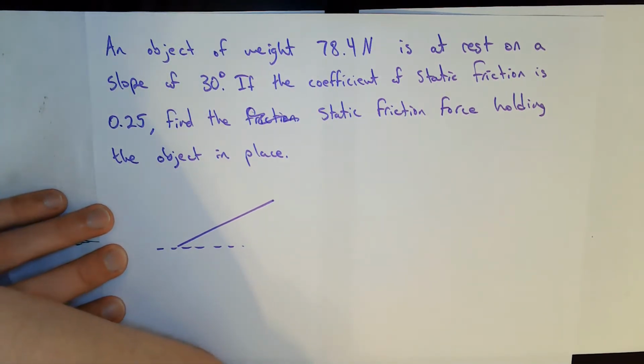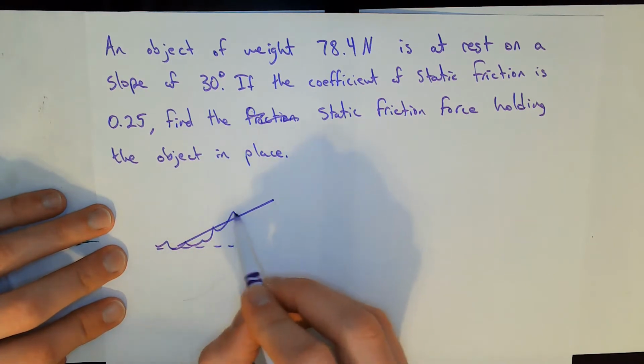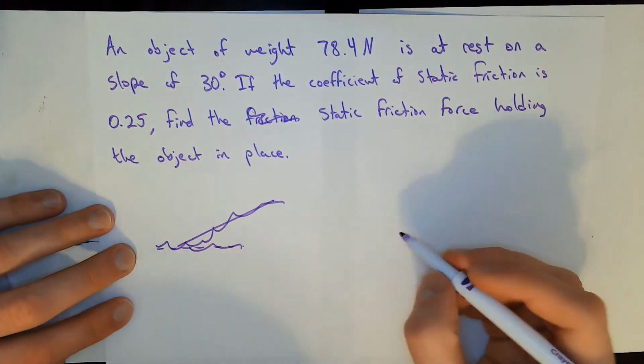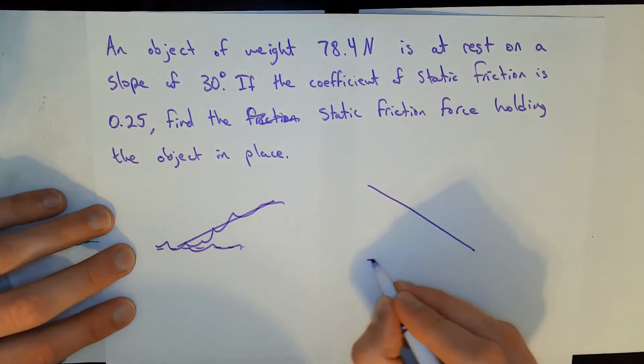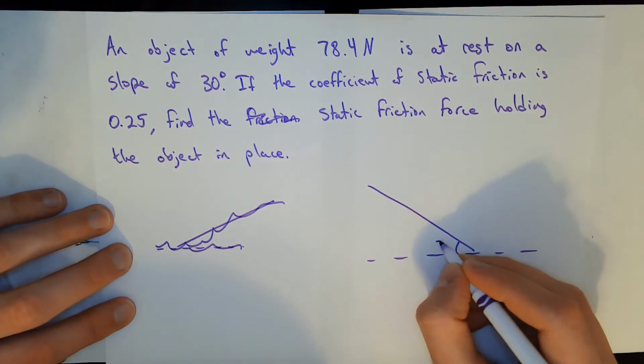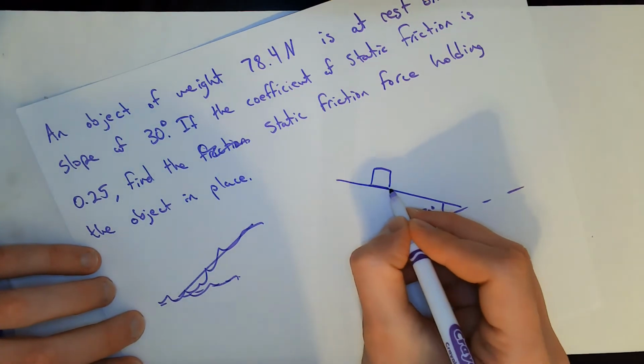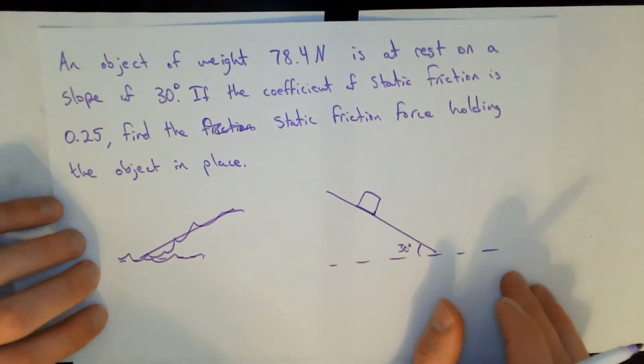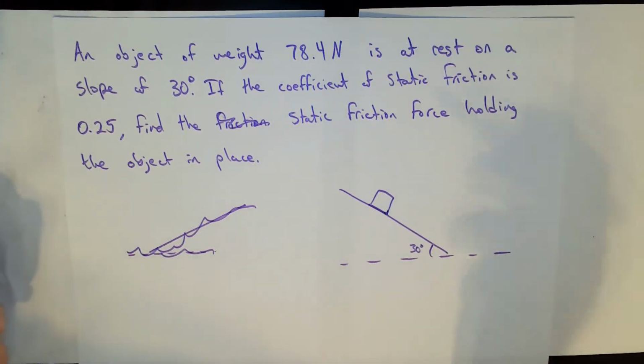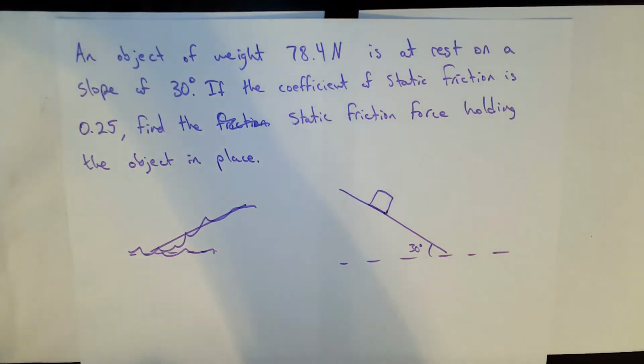I'm not sure what the number is, I can't see. I'm going to orient my ramp the other way, just to keep it consistent with that picture. So my slope is like this. Here's my angle of 30 degrees. Here's some object. And this time I've told you the weight, not the mass. So I don't know the mass, but that's okay.